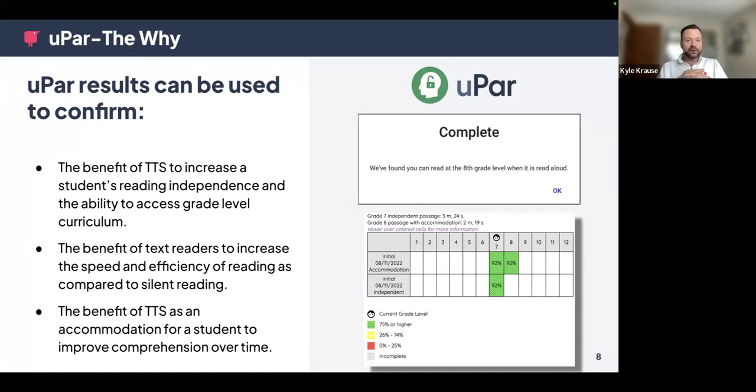The second thing that uPar results can be used to confirm is the benefit of text-to-speech, of a text reader, to increase the speed and efficiency as compared to silent reading. So we've built in some really great time tracking information for each passage that a student will encounter. So we can actually see time information that they spend with the passage. We can also see that time that they spend with those comprehension questions.